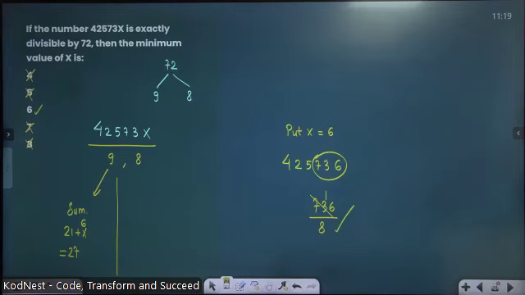Other values are coming, not 6. What is the meaning of that? Can I say the question is wrong?